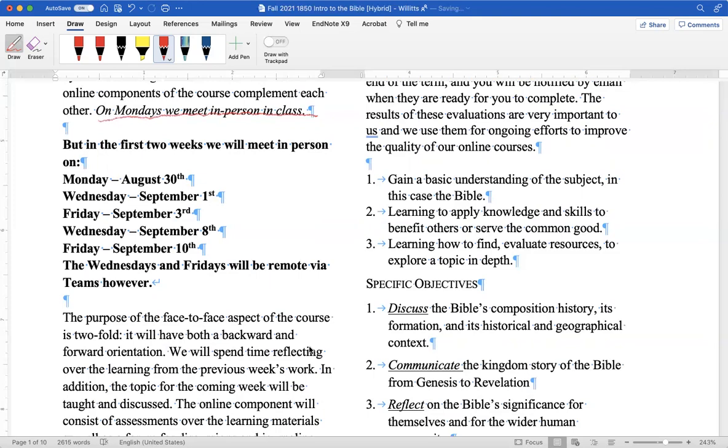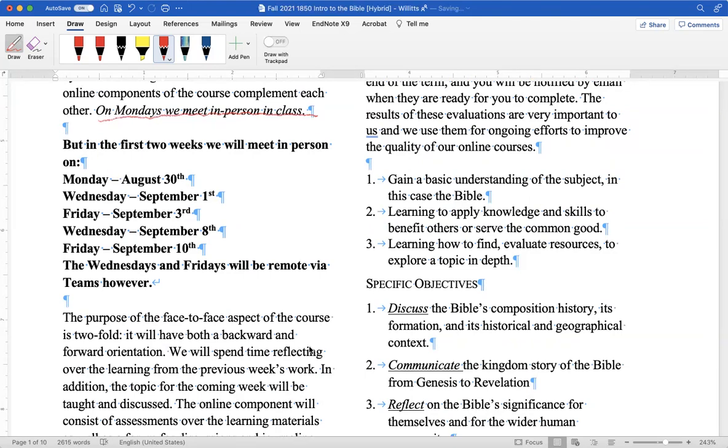Labor Day is always that second Monday. It's a very disruptive day to have a holiday, because we just started the first week and then we have a day off. So for the first 2 weeks, we're going to meet either in person once or virtually 4 times.